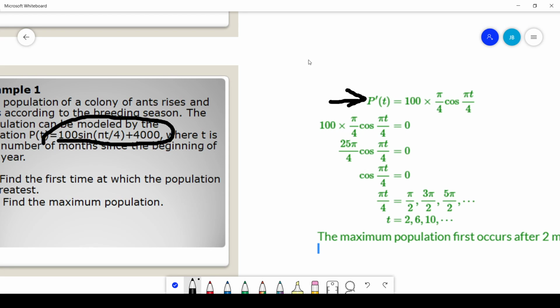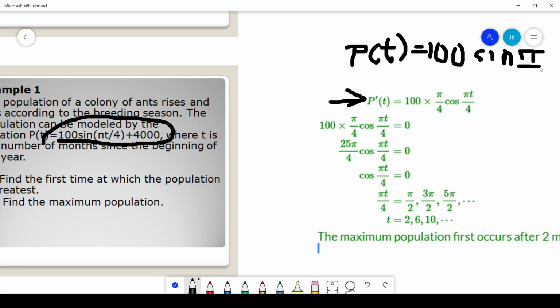P of t equals 100 sine pi over 4 t. Okay. So derive it with respect to t.